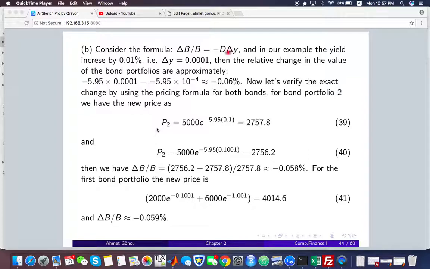Since the change in the yield is small, notice that there is one critical point here. The duration approximation works fine in this case. However, if the change in the yield is large, the first order approximation will not be very reliable.